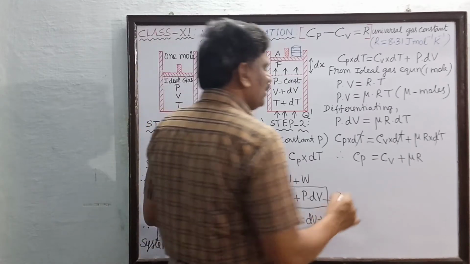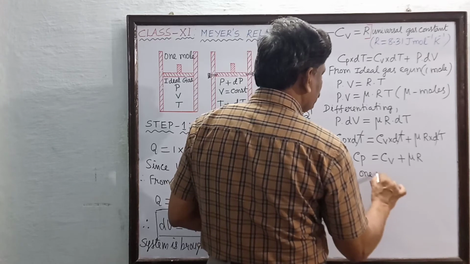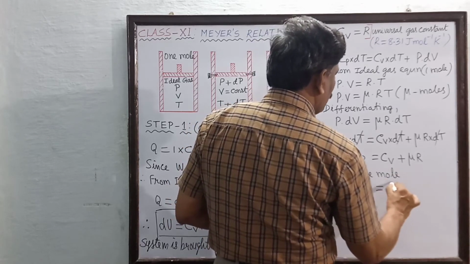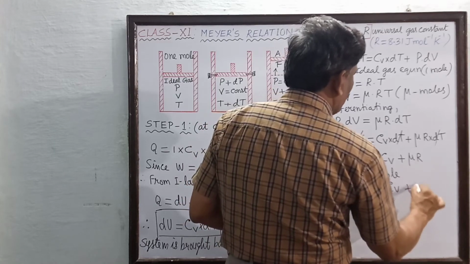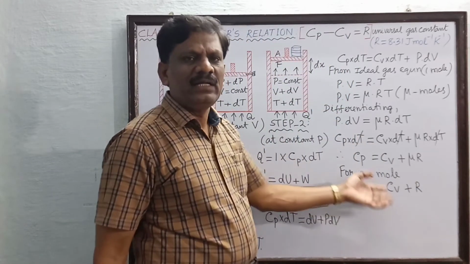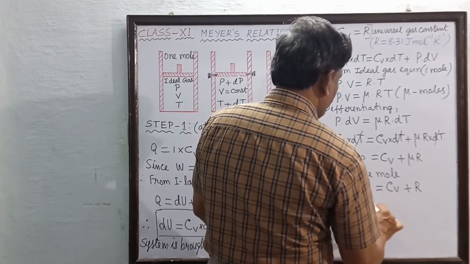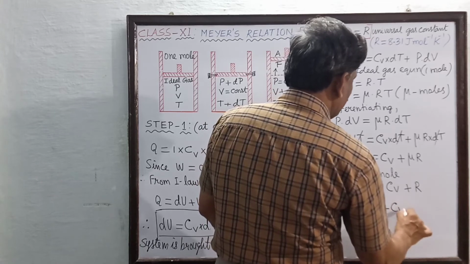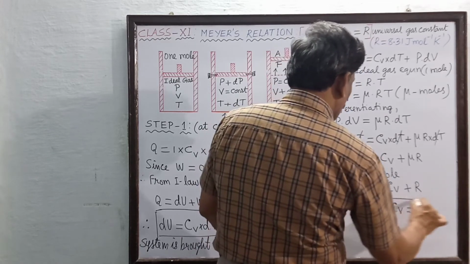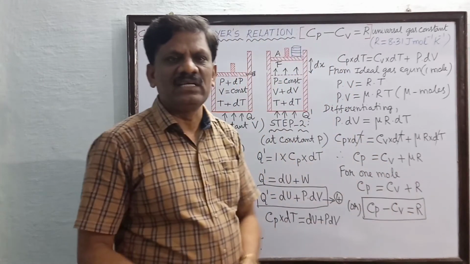For 1 mole, Cp is equal to Cv plus R. Now shift this Cv to the left hand side: Cp minus Cv is equal to R. This is for 1 mole. For mu moles, it is mu times R, that's all.